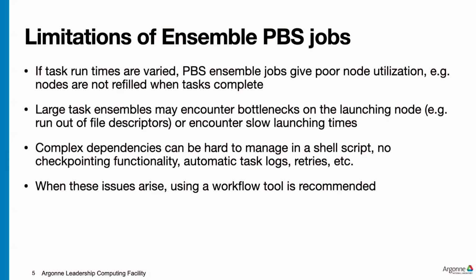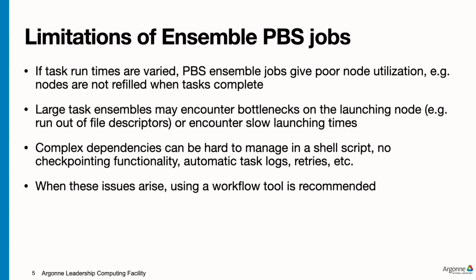Because in this example, you're just launching tasks. You have no way of refilling nodes if a task completes, right? And so you can get potentially very poor node utilization, and you will be charged that time against your project, which is not something you want. You want to make good use of your allocation time.